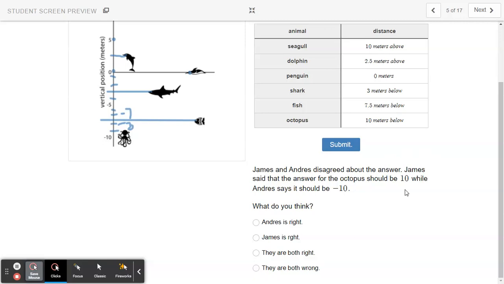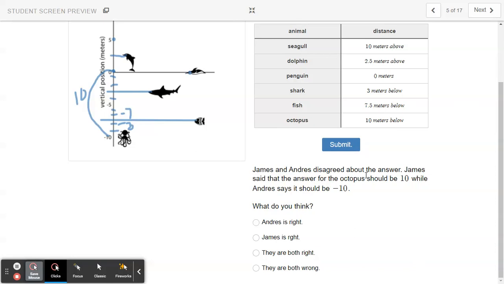James is right, he's 10 meters away, whether it's negative or positive doesn't matter. This distance is 10 meters, just 10 is the distance, right? If we were to say what position is he in, we would say -10, right?